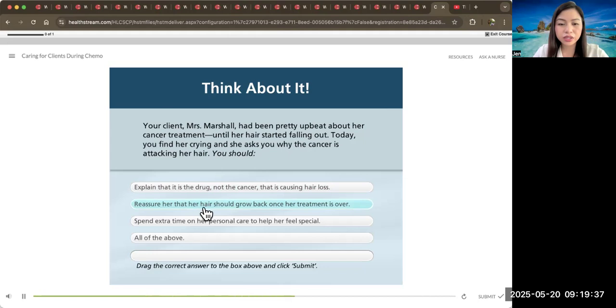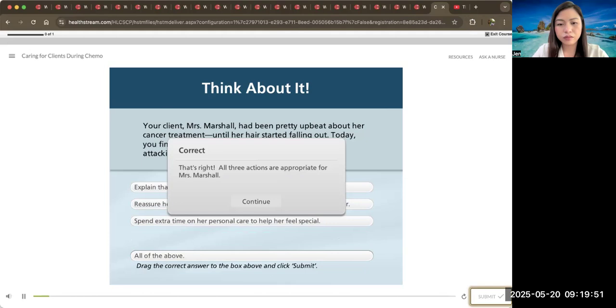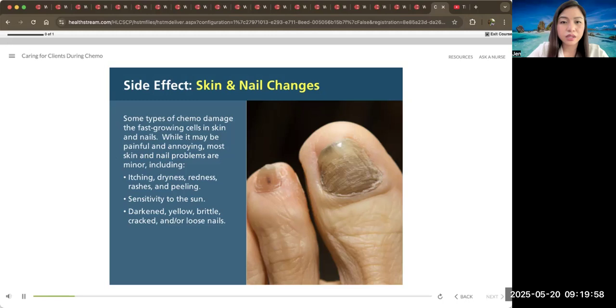Reassure her that her hair should grow back once her treatment is over. Spend extra time on her personal care to help her feel special. All of the above. That's right. All three actions are appropriate for Mrs. Marshall.